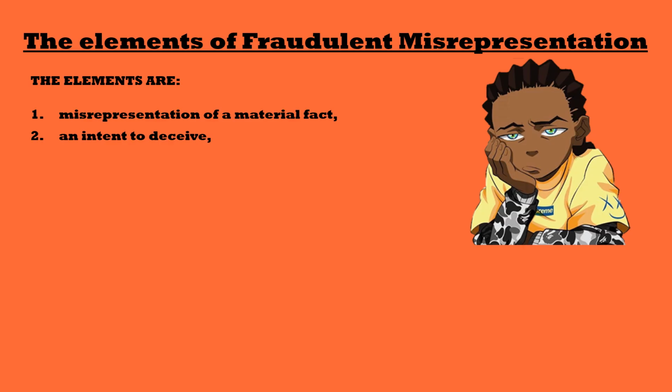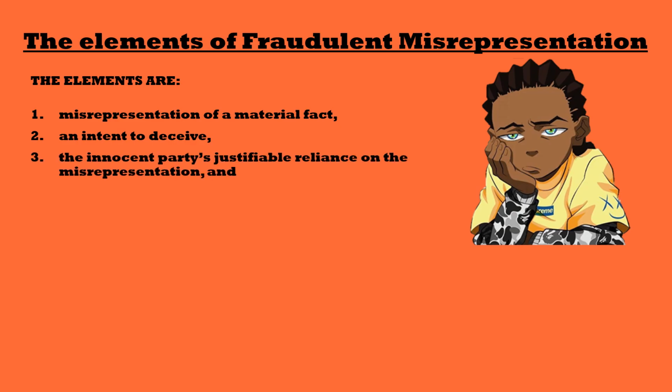The reason why I'm telling you the lie is because I want you to believe it. 3, there must be justifiable reliance on the misrepresentation on the part of the injured party. And that simply means that there must be some reasonable basis for the injured party to believe the lie.